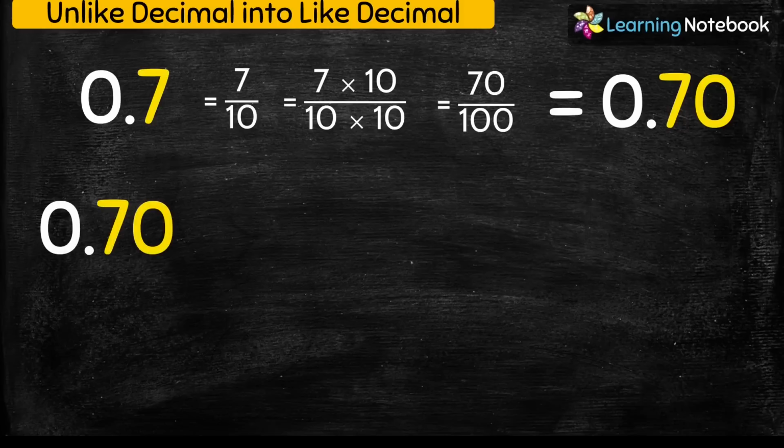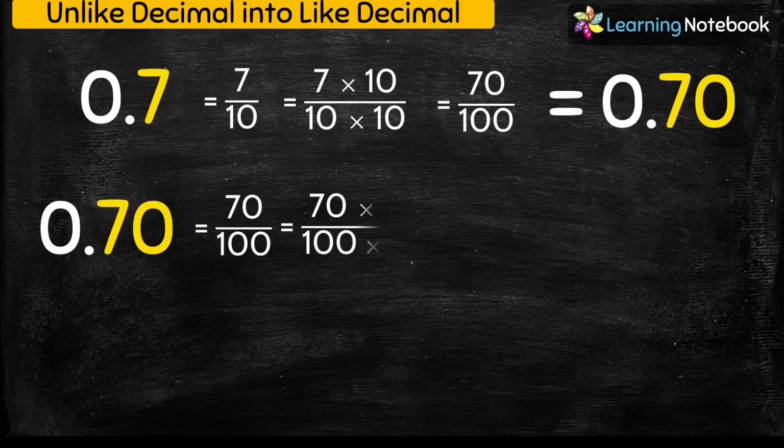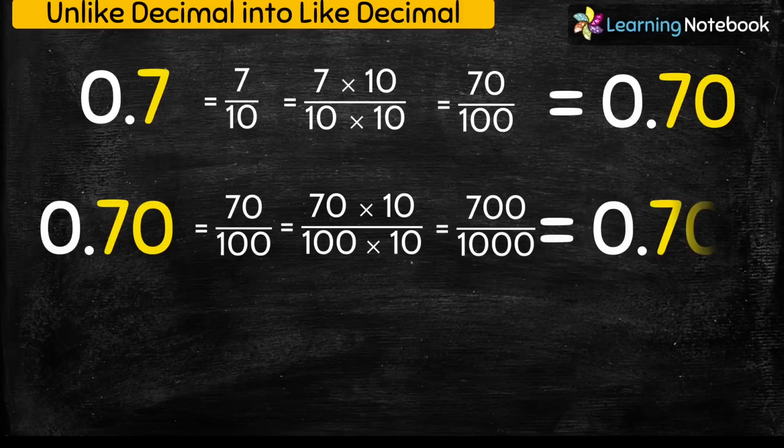Now 0.70 equals 70 by 100, and again if we multiply numerator and denominator by 10, we get 700 by 1000, which is equal to 0.700.